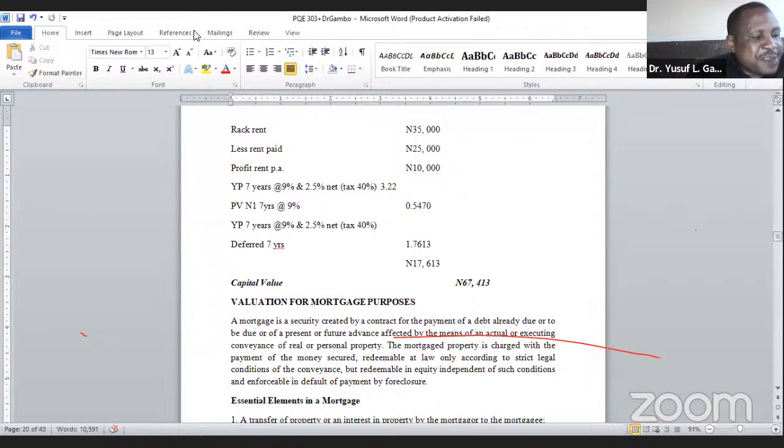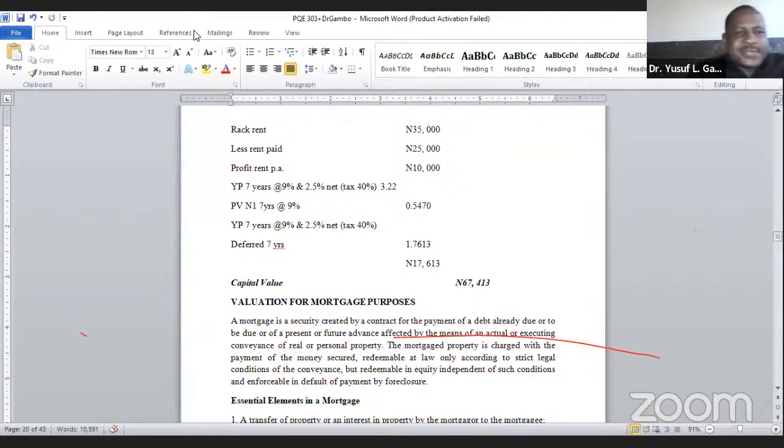When you multiply, you have 49,800. The second 7 years, you have rent reserve 35,000 naira, less rent paid, which is 25,000 naira. Profit rent per annum is 10,000 naira.